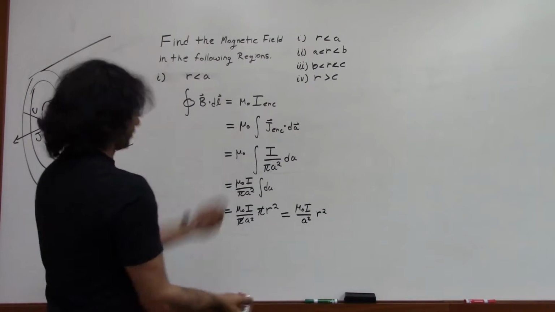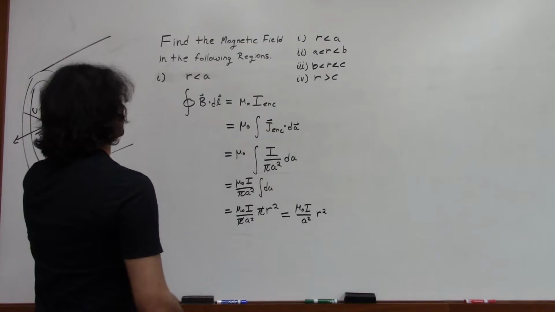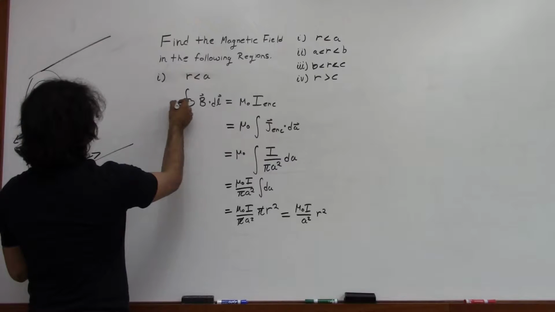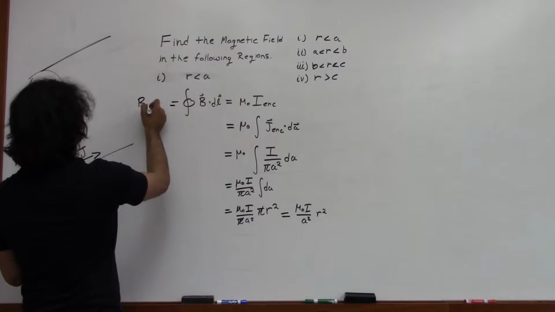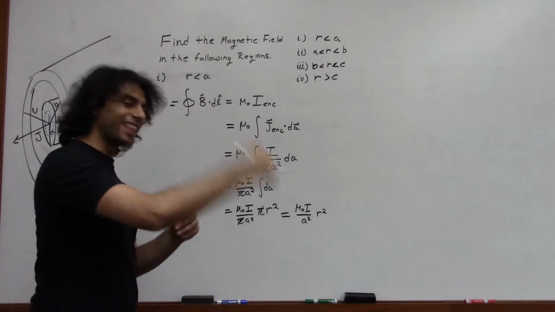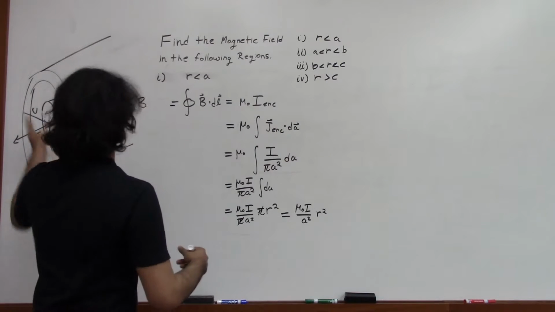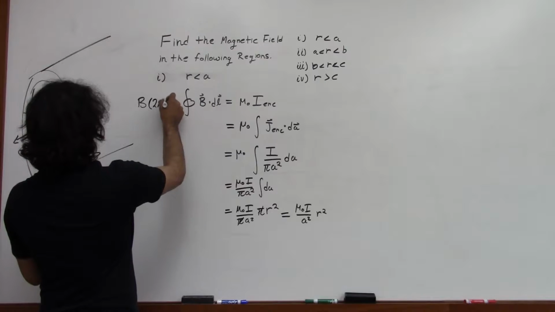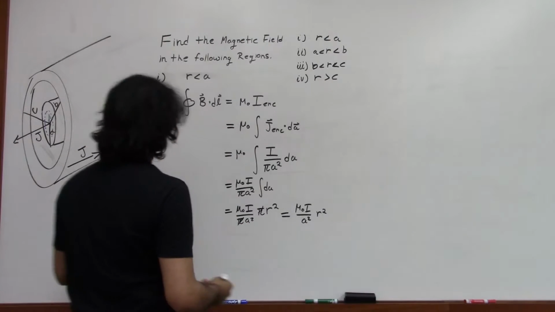We still have the left side of our equation to solve, though. So this side is going to be equal to B times the length of the Amperian loop. And we can consider the same thing. That's just 2 pi r, the circumference of a circle.